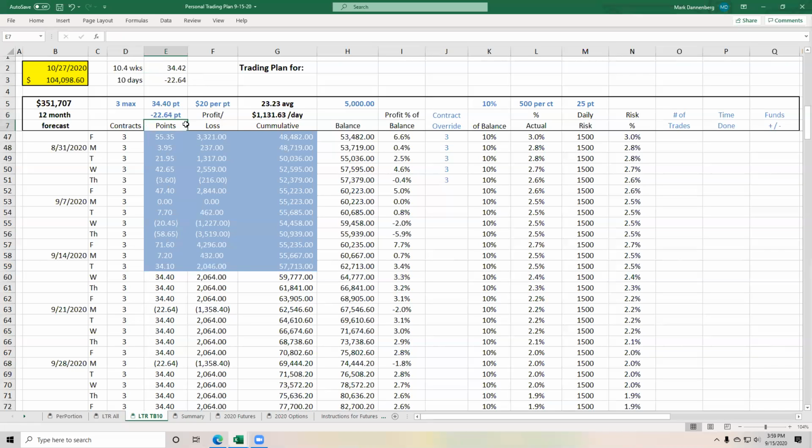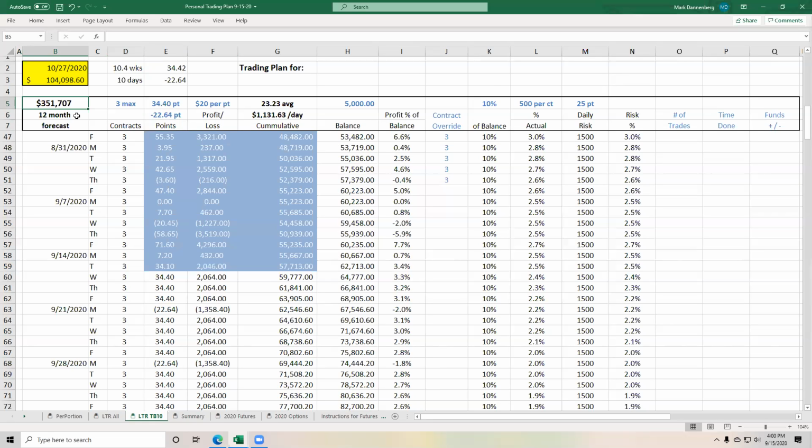Okay, so using exactly what I just explained to you, we have now forecasted the remaining 42 weeks of the year based on the current run rate that's been established in the first 10 weeks of the year, of the 12-month forecast. We have our number of contracts maxed out at 3, and we have a $351,000 potential income.